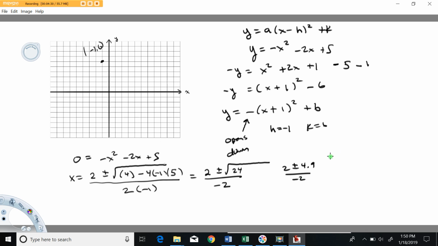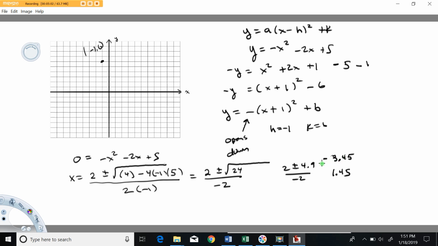Looks like about 3.45 for one of them, and 1.45 for the other. I'm going to double check that. I think I might have screwed that first one up. Let's see. 2 plus 4.9 equals, divide by negative 2. Negative 3.45. Yeah, I thought I screwed that up.